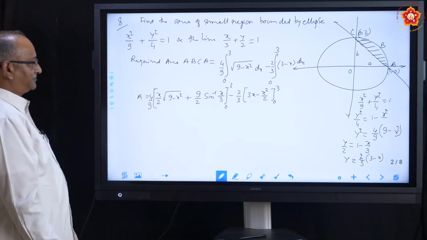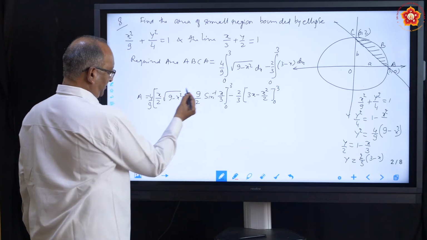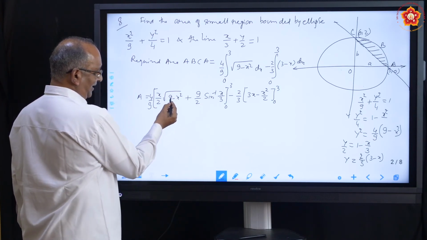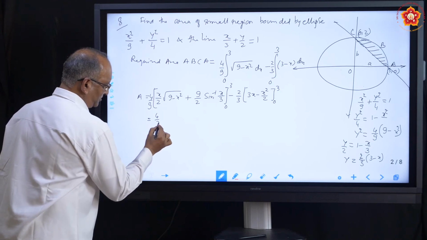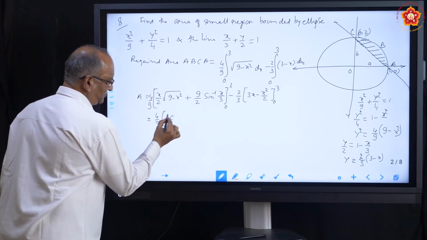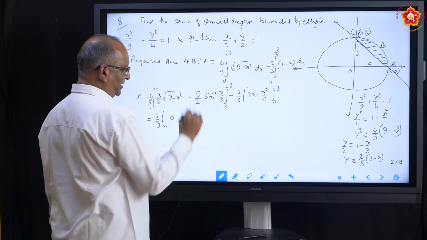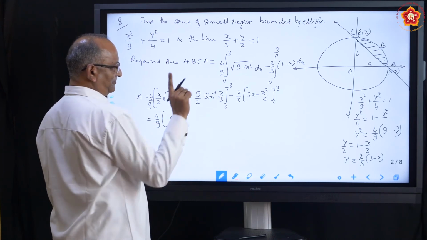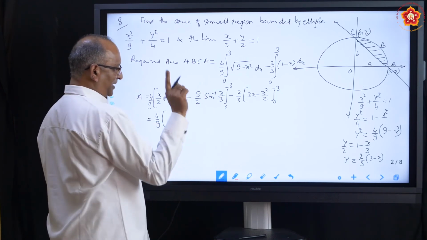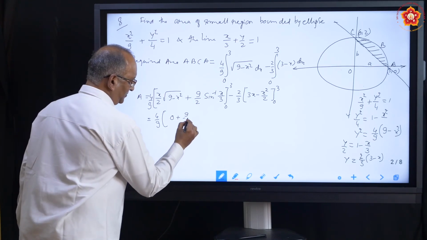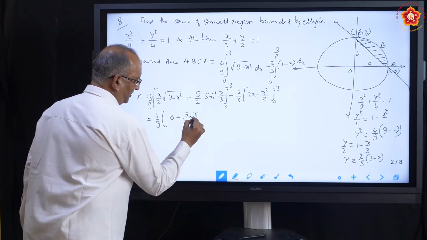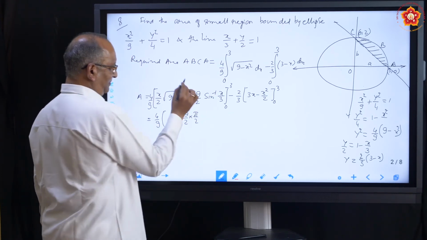Substitute the limits. When we substitute 3, you can see that 9 minus 9, it will become 0. So 4 by 9 outside, first term will be 0. When we substitute 3, what happens? 3 by 3, it will become 1. Sine inverse 1 is pi by 2. So you are going to get 9 by 2 into pi by 2. We have substituted upper limit.